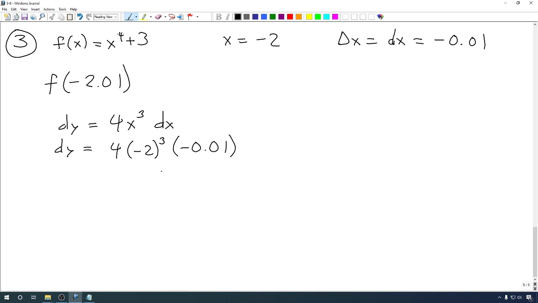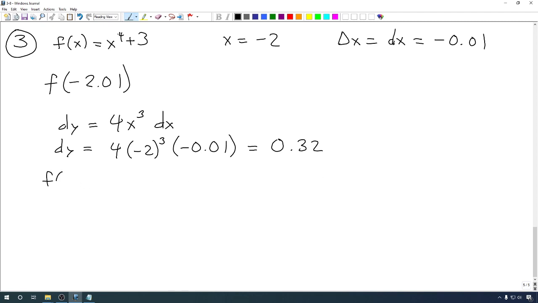And we get to work out what this is. First things first, negative 2 cubed is negative 8. The negatives are going to cancel themselves out. We have positive 8 times 4. 4 times 8 is 32. And so 32 times the 0.01 that we have there is 0.32.